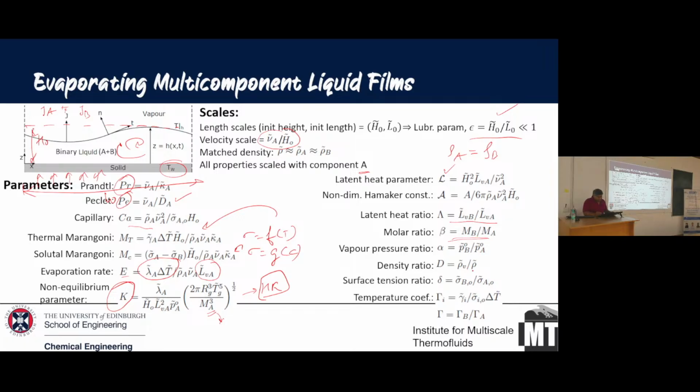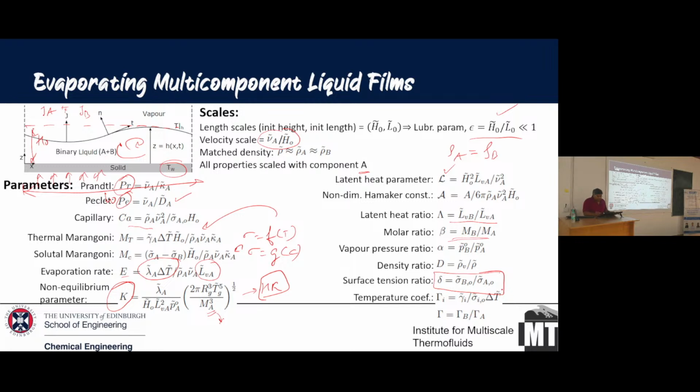You have the density ratio, competition between densities. Of course, in this case, because rho A is equal to rho B, this is competition between liquid and vapor. But then you also have a surface tension ratio, because if it was pure A and if it was pure B, each one would exhibit completely different surface tension.